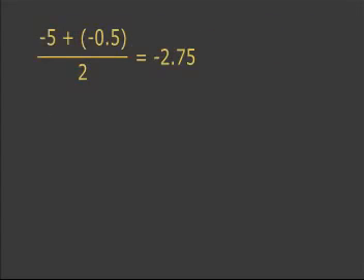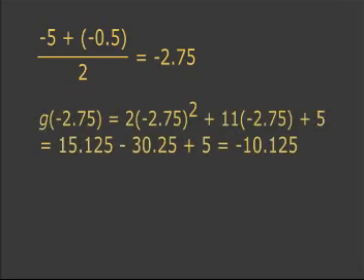The midpoint between the two x-intercepts is −2.75. g(−2.75) = −10.125.